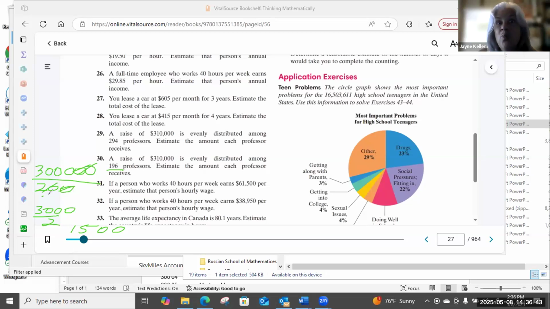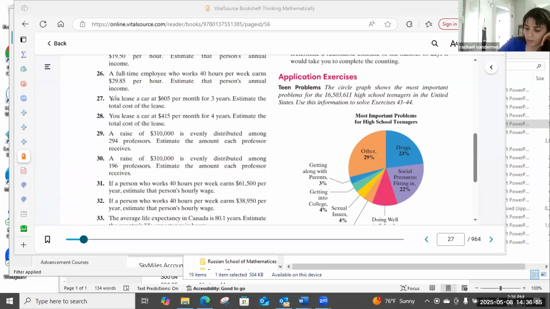Or 120? Because 150 goes into 300 nicely, so I would probably use 150. True, you can round up. Great question. I like to use something that's going to be close and easy to divide. So you play around with the numbers, and that just comes with practice.